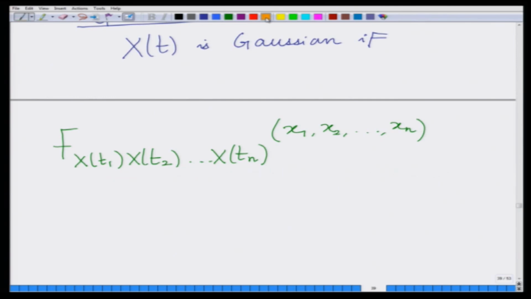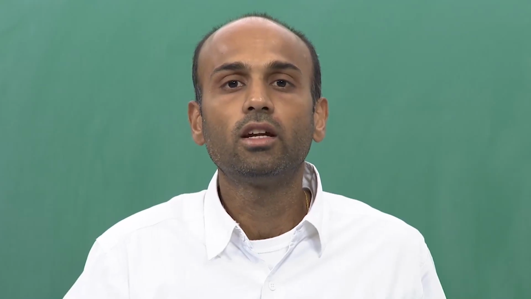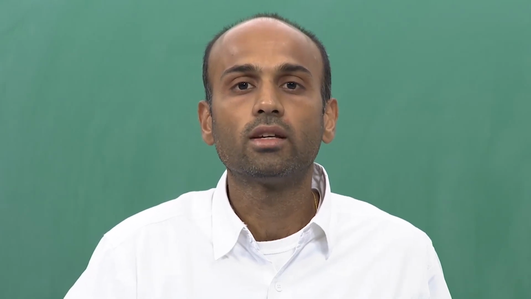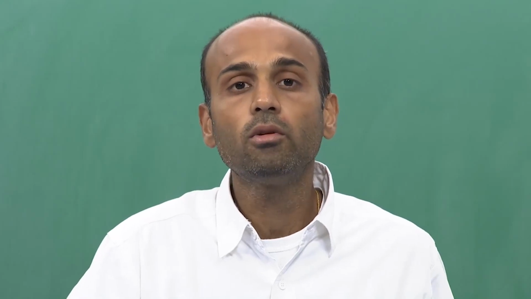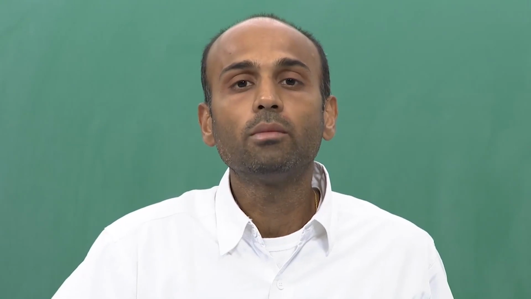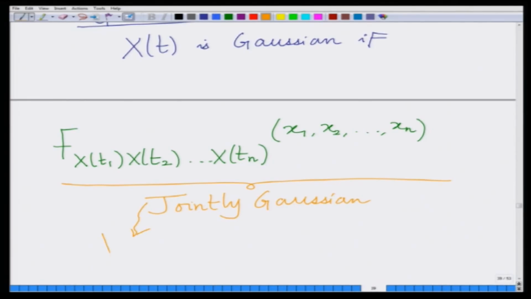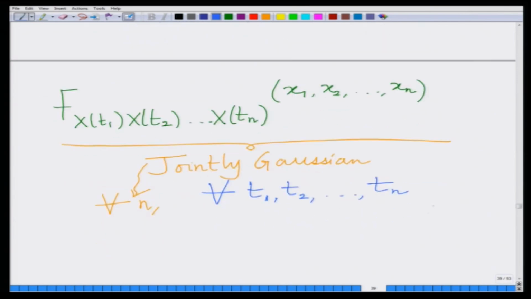If we look at this joint distribution at n time instants, and this PDF is jointly Gaussian for all possible values of n and at all time instants t1, t2, up to tn, then this is a Gaussian random process.